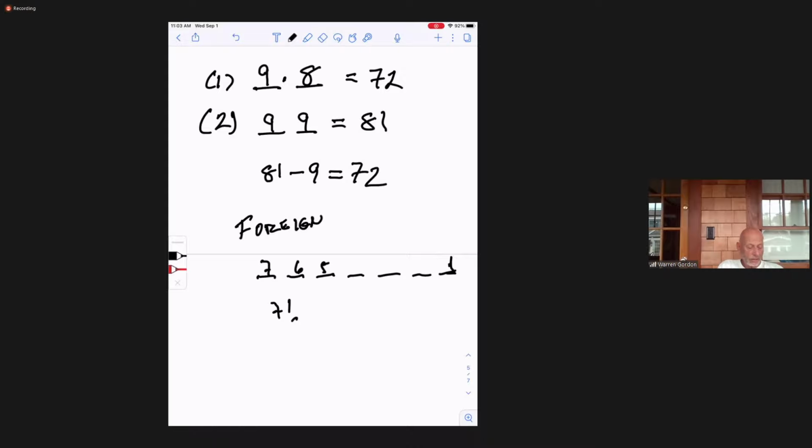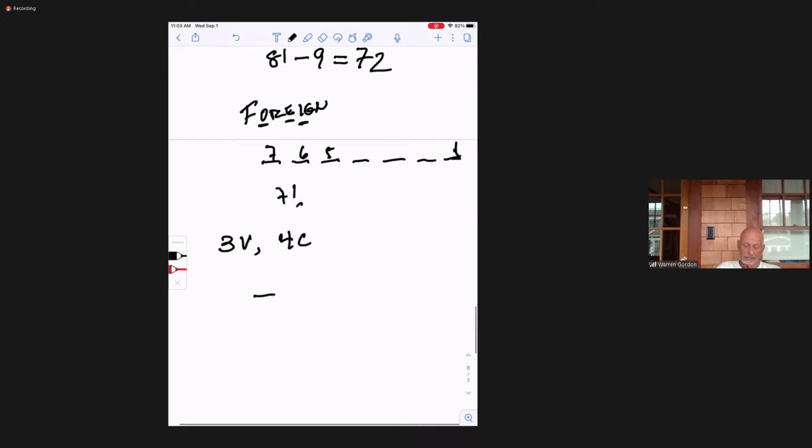How many in which the vowels and consonants are to alternate? So let's look at this. How many vowels do I have? I have 3 vowels. And I have 4 consonants, right? I cannot start with a vowel because I only have 3 vowels. If I did, I would have vowel, vowel, vowel, and then I can't continue.